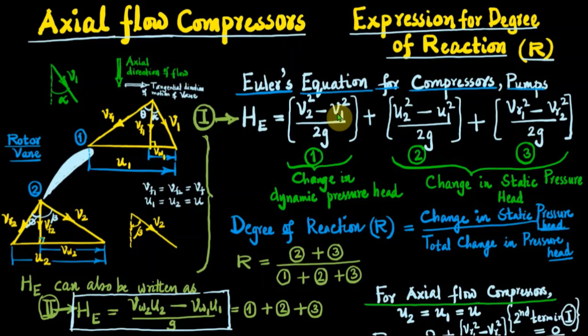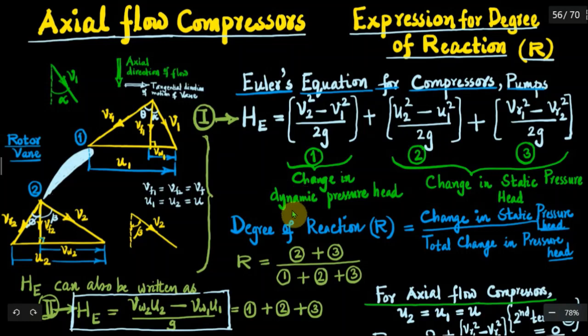Important to note that I am referring to the inlet to the rotor blade and the outlet of the rotor blade, not the entire compressor. We have discussed the velocity triangle for the axial flow compressors already, considering the flow over one rotor vane.